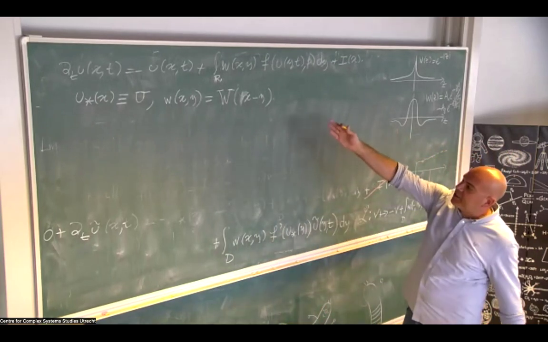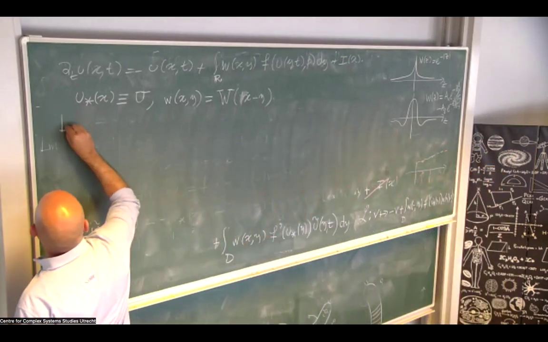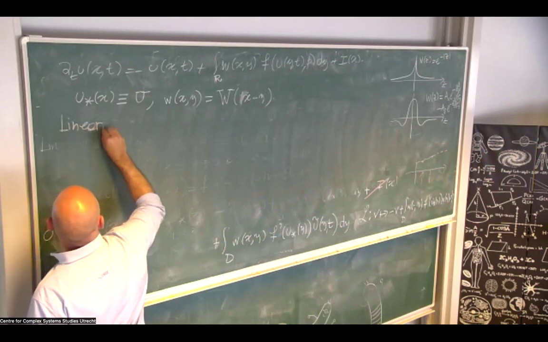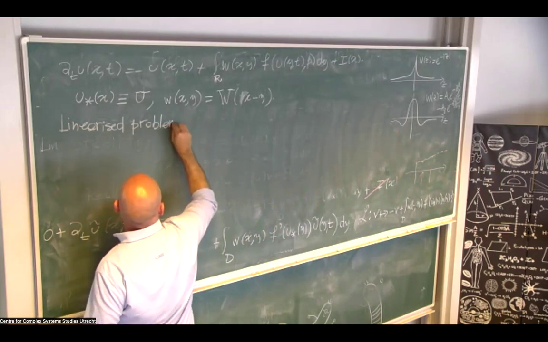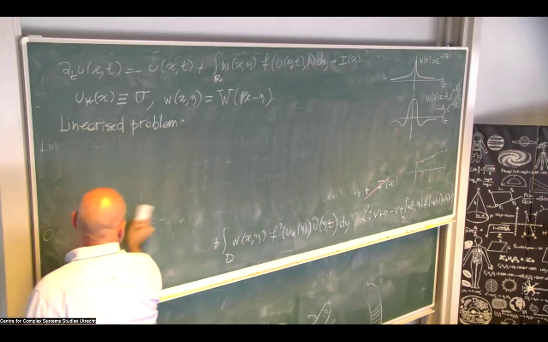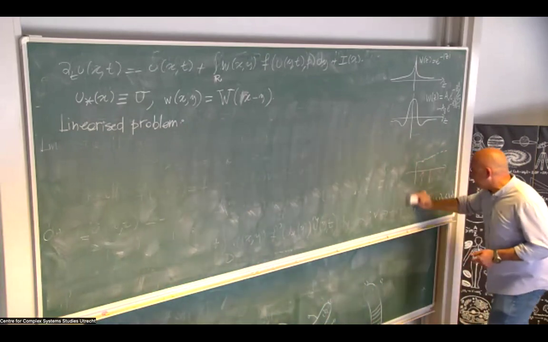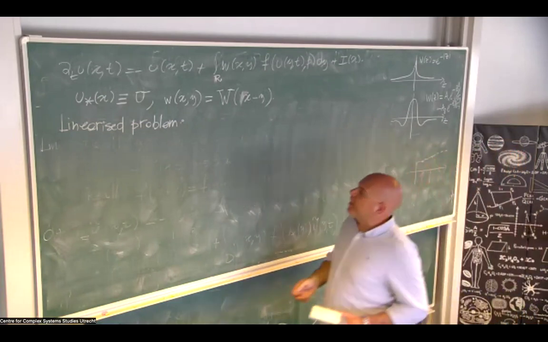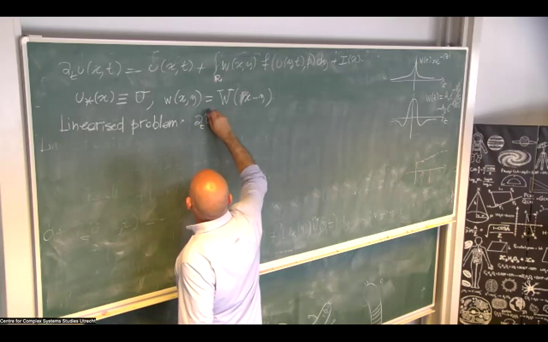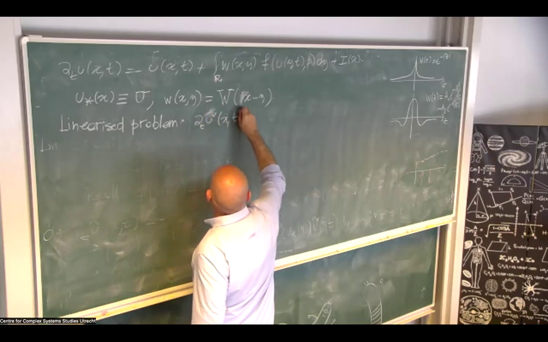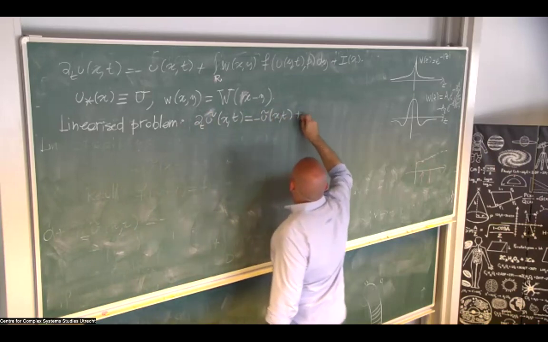So what happens under these assumptions? Well, now the linearized problem, if you redo the calculations that I mentioned earlier on, has some simplifications. You have dt u tilde of x,t is minus u tilde of x,t plus a convolution.